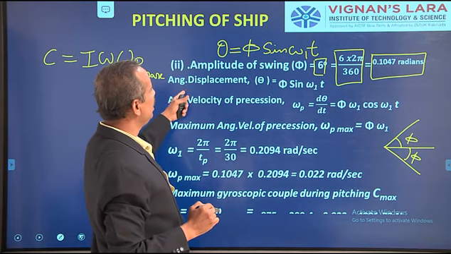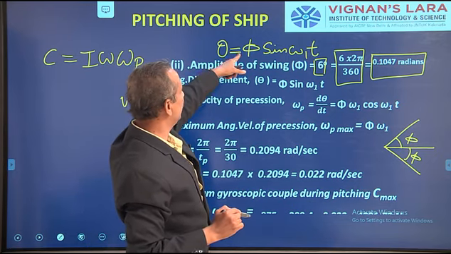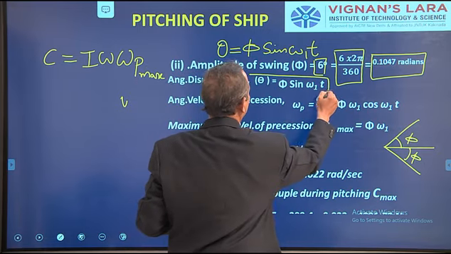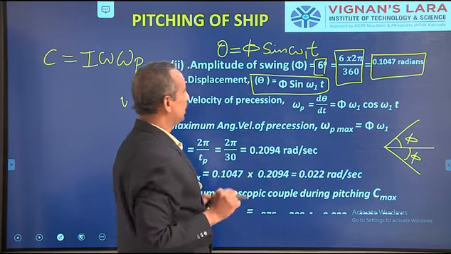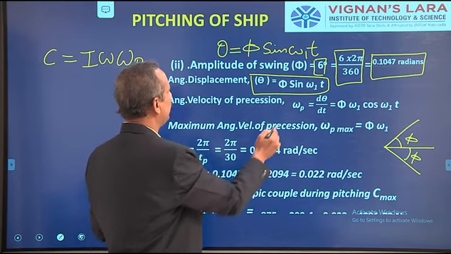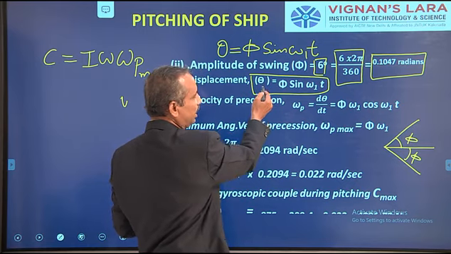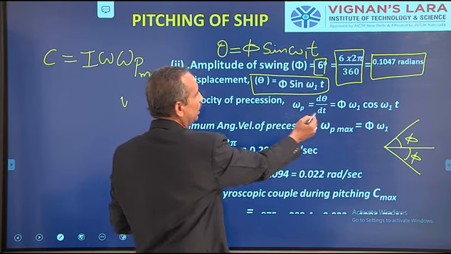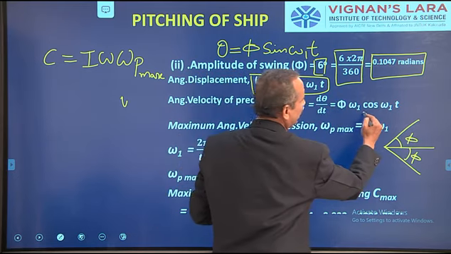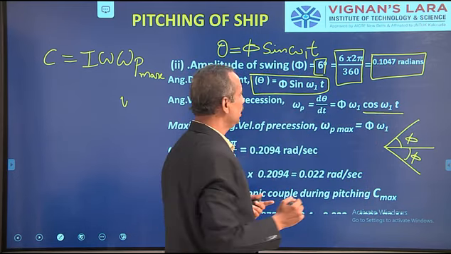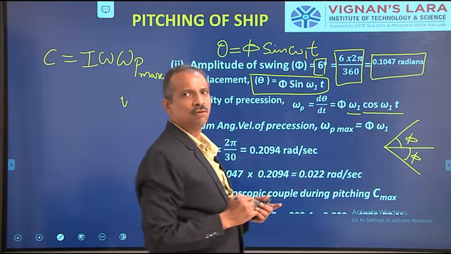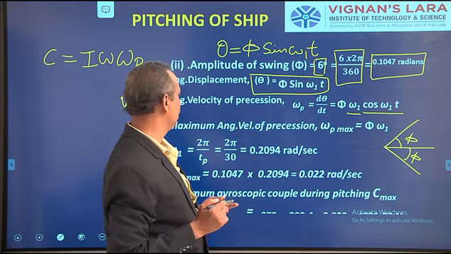So then the angular displacement, as I have written here, theta is equal to phi sine omega 1 t. The same thing I have shown here. Then the angular velocity of the precession, that is d theta by dt, we differentiate this theta with respect to time. Then phi is constant, sine omega 1 t differentiates to cos omega 1 t, then omega 1, so finally it will be phi omega 1 cos omega 1 t.